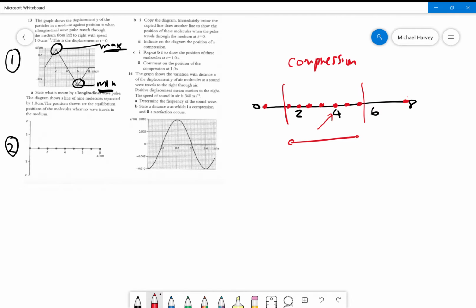That's the answer for the second part, 4. Right, so that's part B I and II.